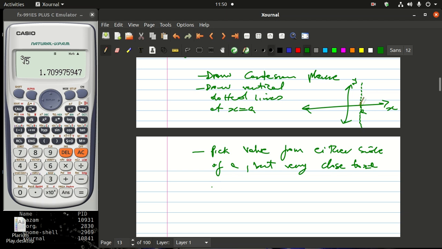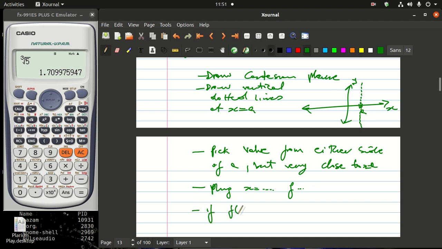So you pick a value here, and then pick another value here, and after picking those values, you plug x is equal to that value into f to get the output. So you plug that value in here.